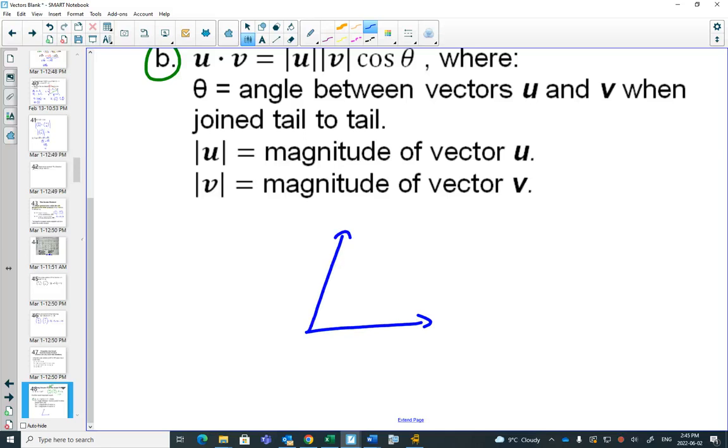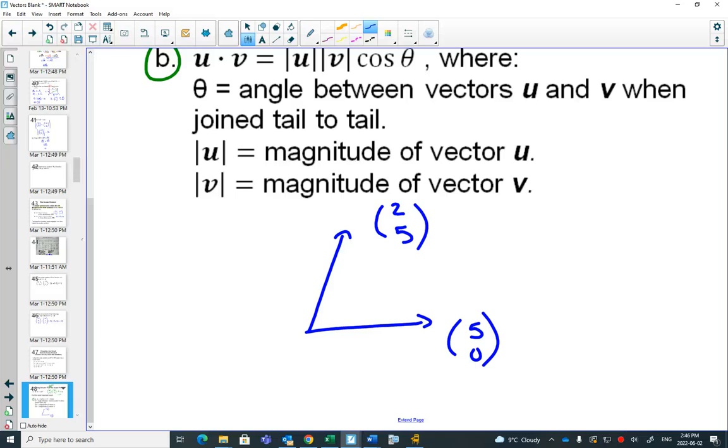Do we want to do something that we actually know, or do we want to do something we don't know? Like let's start with one we don't know. Let's say this one looks like the vector I've gone 5 to the right, none up. And this one looks like I've gone 2 to the right and 5 up. Okay? The length of this one is 5. The length of this one is the square root of 29.